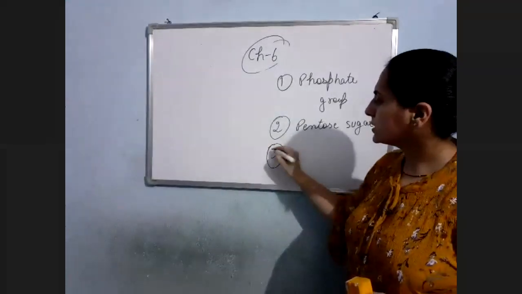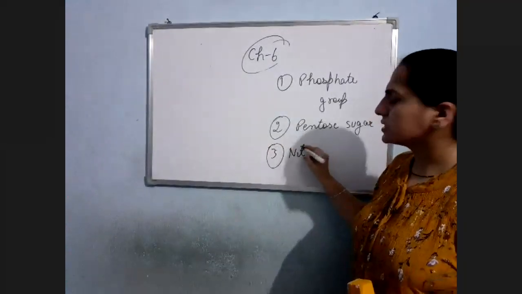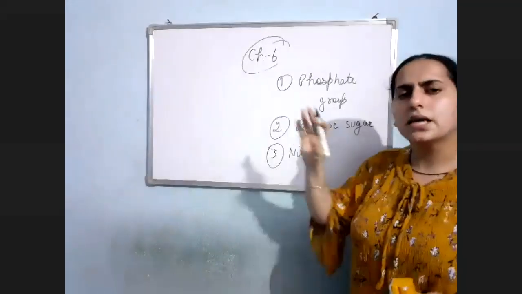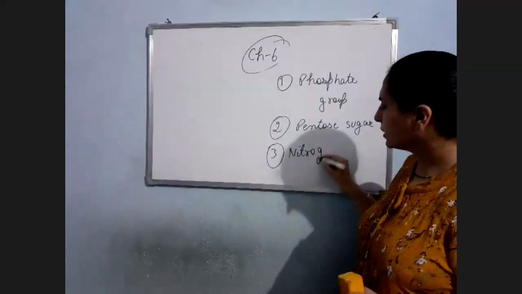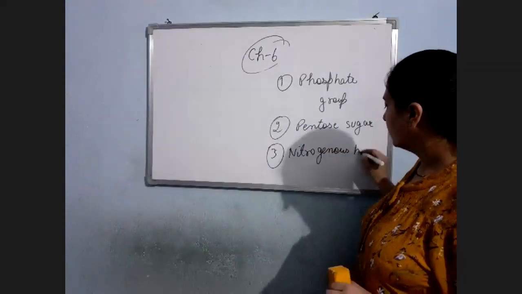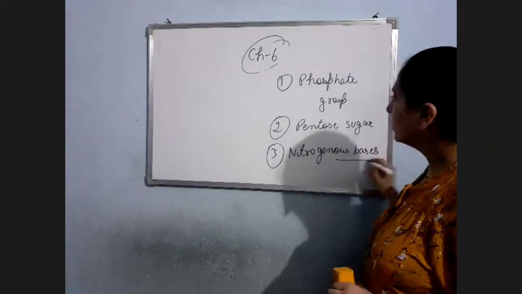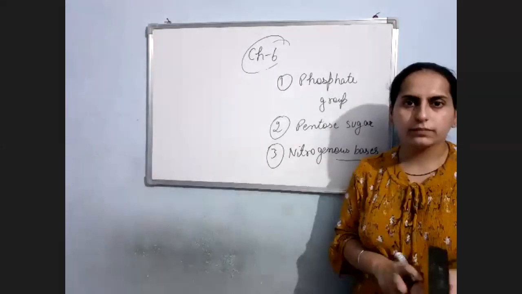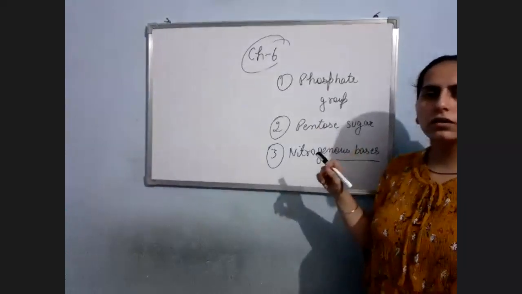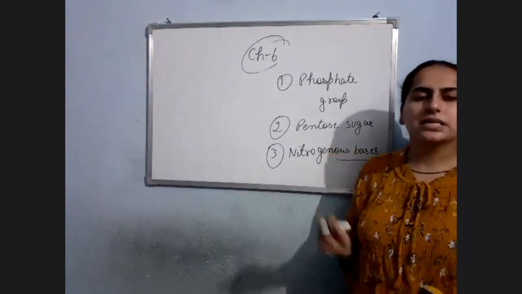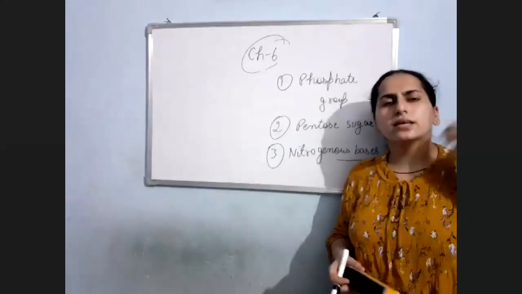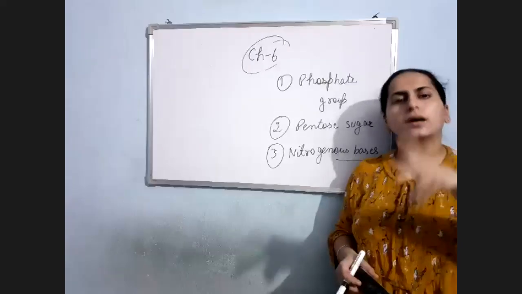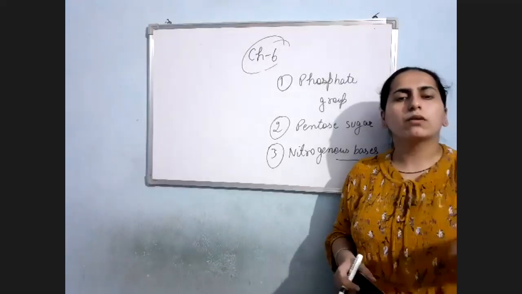And last is nitrogenous bases that I told you a little bit in chapter number 5. So these three things make up your DNA: phosphate group, pentose sugar, nitrogenous bases. How are they arranged? Everything we will learn in our next class properly with the help of the simulations.